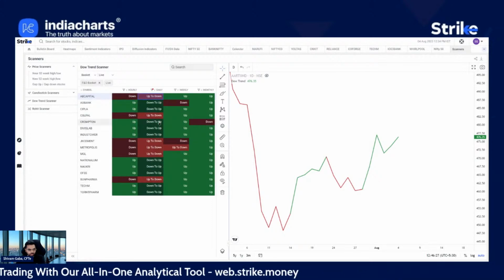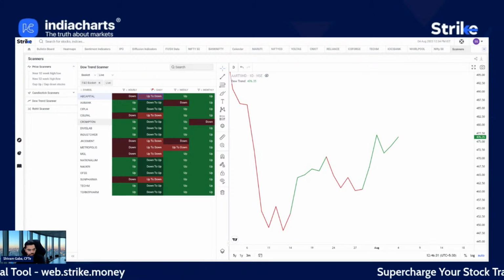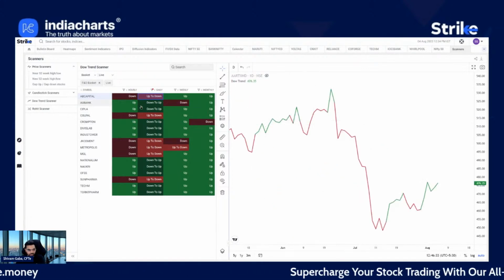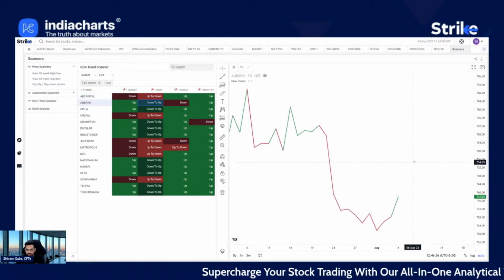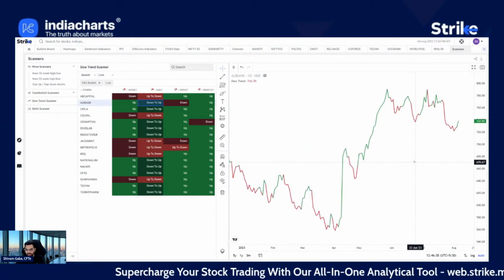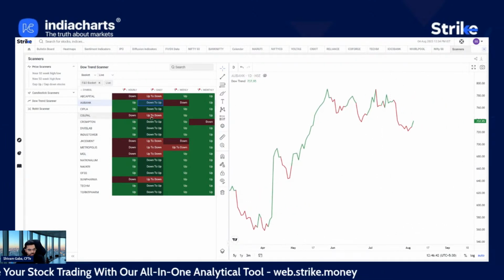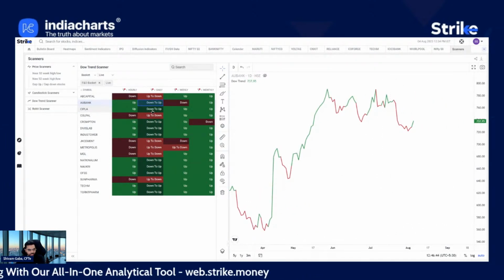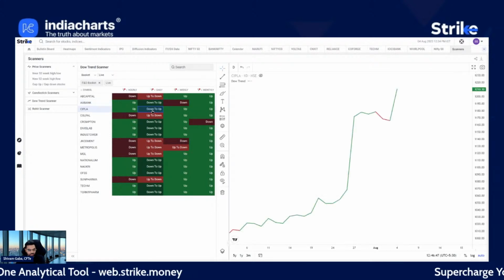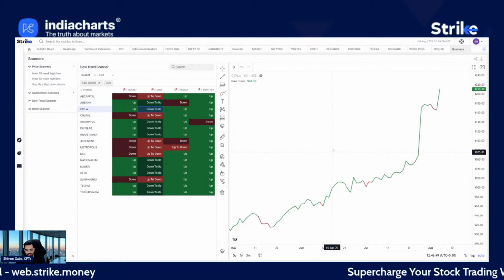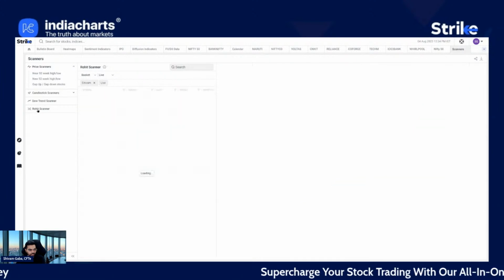From the Dow trend point of view, there are many down-to-up and up-to-down signals coming in today's session. So this is a big list for you guys to work on. You can just log on to scanners and filter stocks which are giving confirmations on your preferred time frame and trade or invest accordingly.